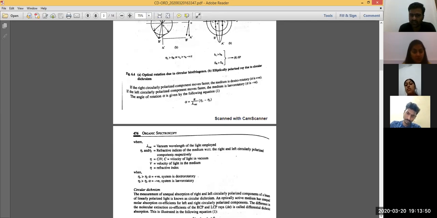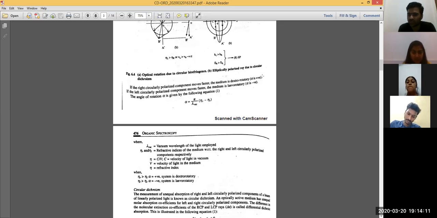Eta R and eta L are the refractive indices of the medium with respect to the right and left circularly polarized lights. The refractive index eta can be defined as C upon V, where C is the velocity of light in vacuum and V is the velocity of light in that particular medium.